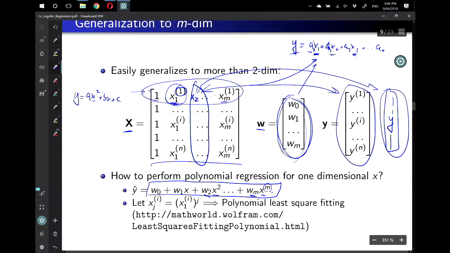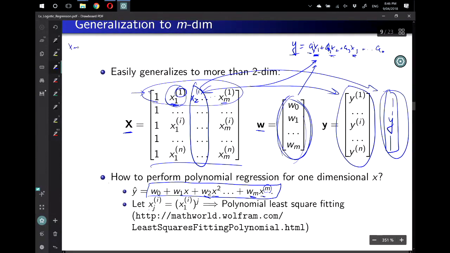So basically, if your x is actually 1, 2, 3, 4, right? You expand it to another x prime, which is actually 1, 1, 1, 1. This is 1, 2, 3, 4. This is actually your square. So this is 1, 4, 9, 16.